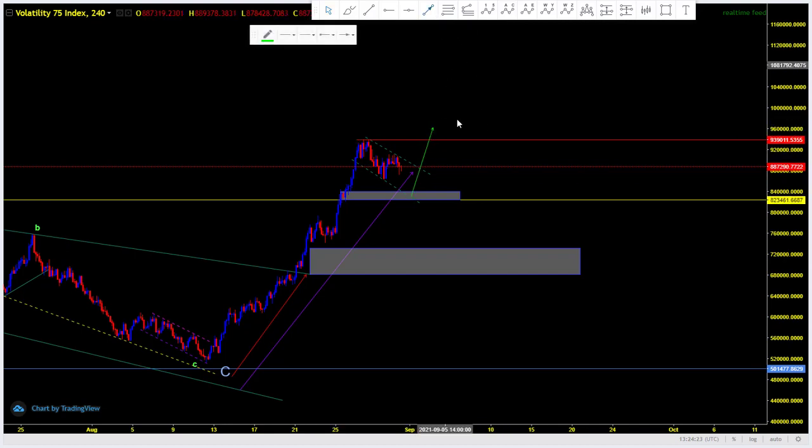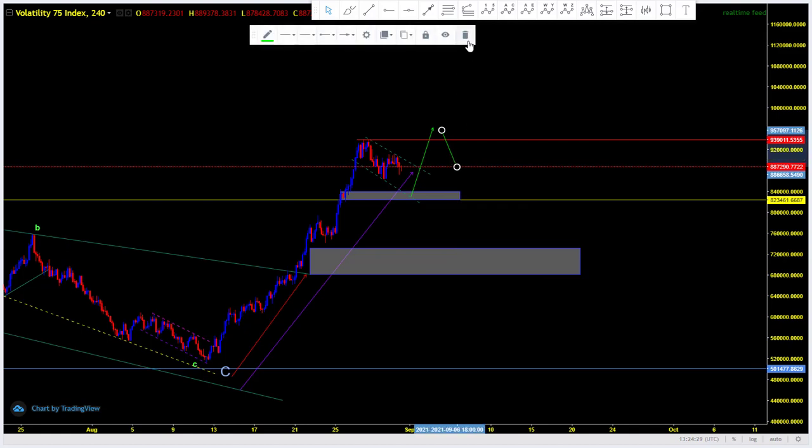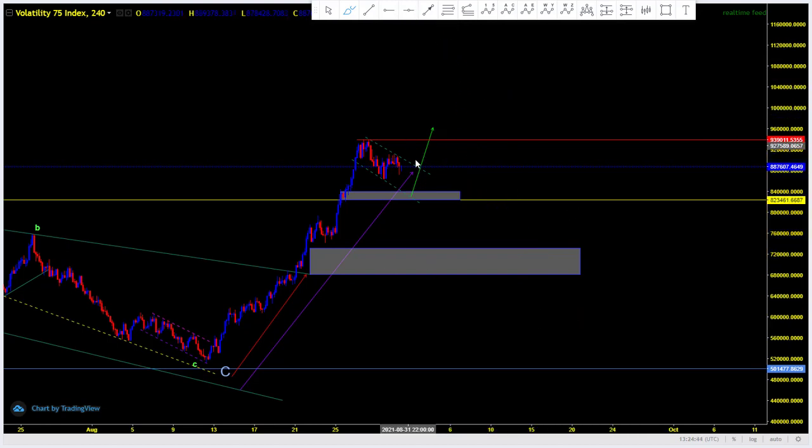If it does that, then we would expect 5 waves going down to that area. 1, 2, 3, 4, 5 waves coming into this area of interest before we resume that uptrend. So that's what we are expecting this week on V75.